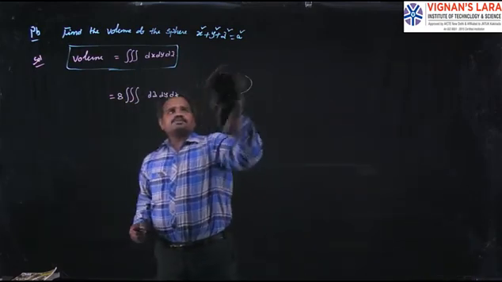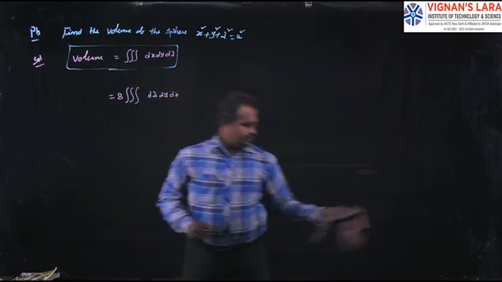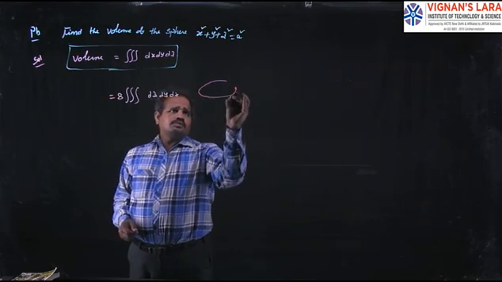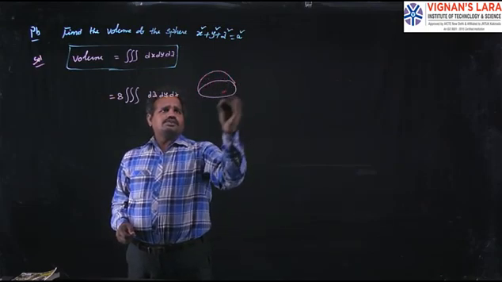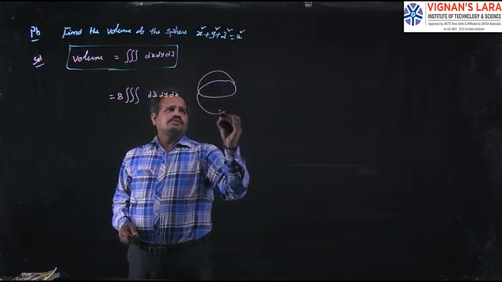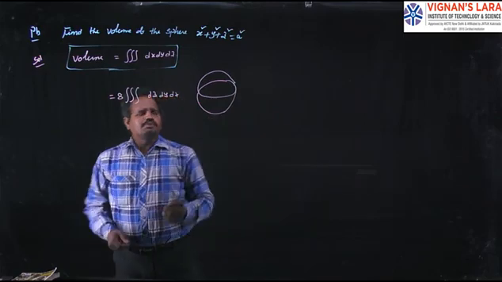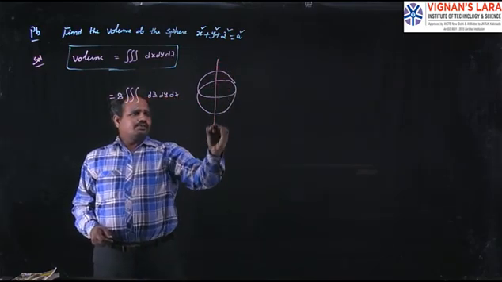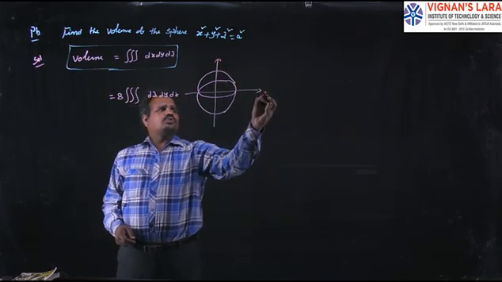So this becomes a ball equation. This divides the space into 8 equal parts, x-axis, y-axis.